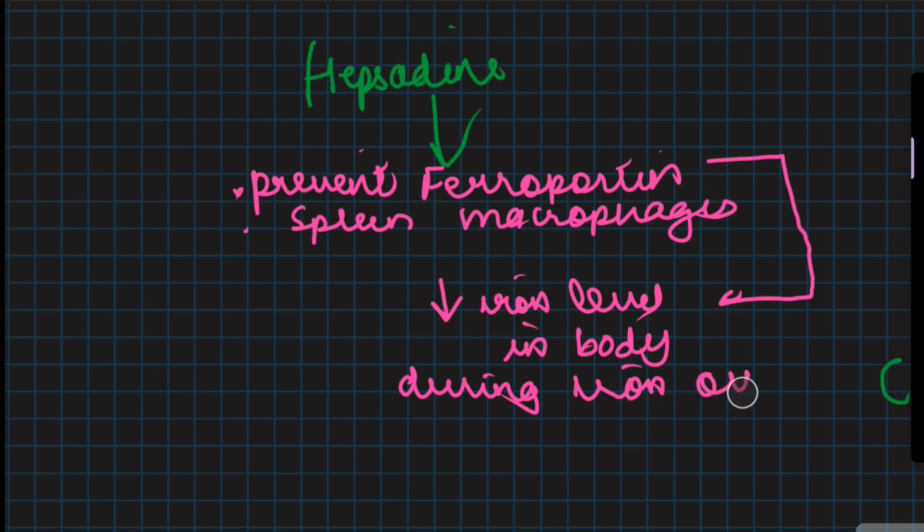So when there is increased iron in the body, it will block the ferroportin, and it will decrease the further absorption of iron from the intestine.